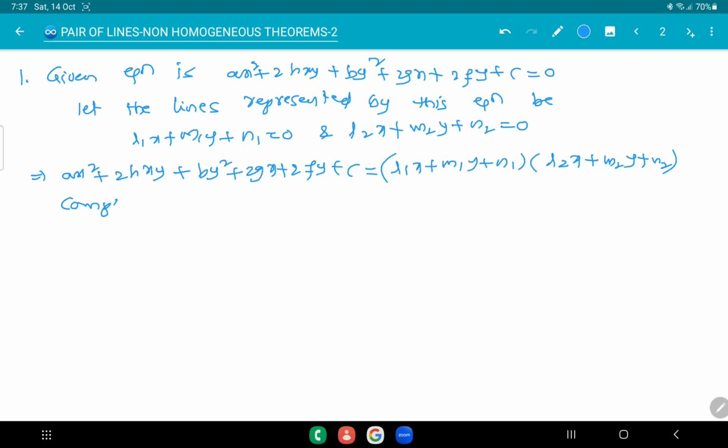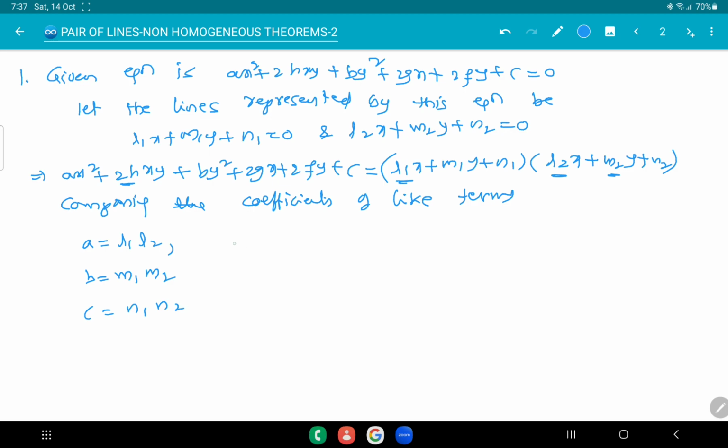Comparing the quotients of like terms: the quotient of x square is obtained by multiplying L1, L2, so L1 L2 is equal to a. The quotient of y square, M1 M2 is equal to b. The quotient of constant, c is equal to N1 N2.